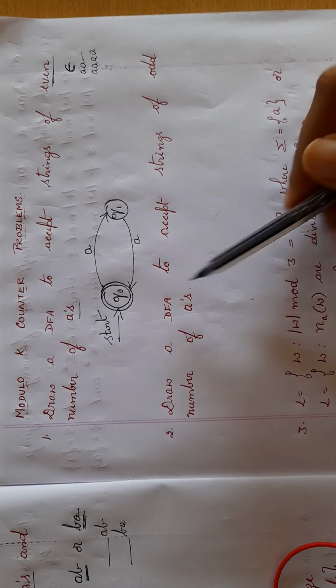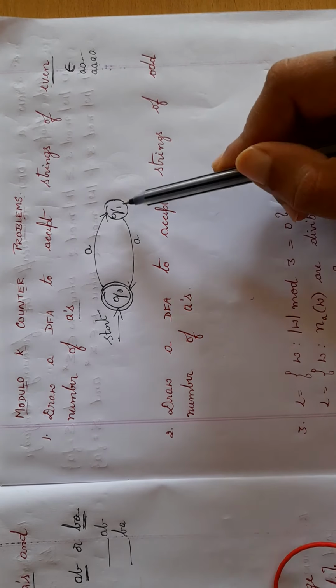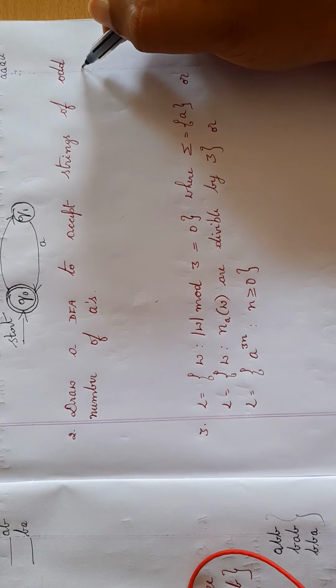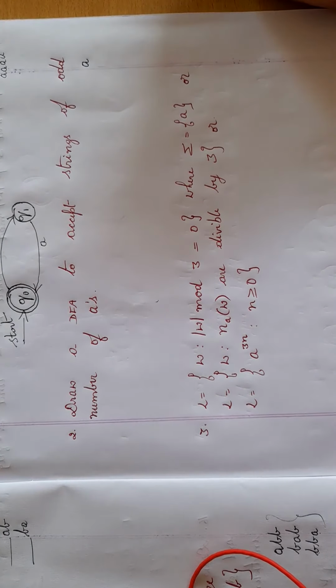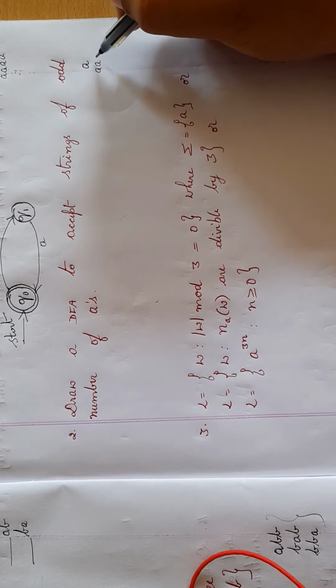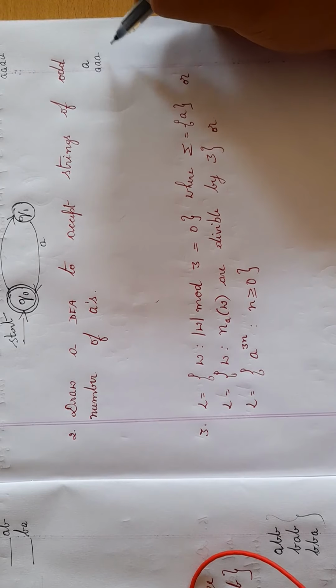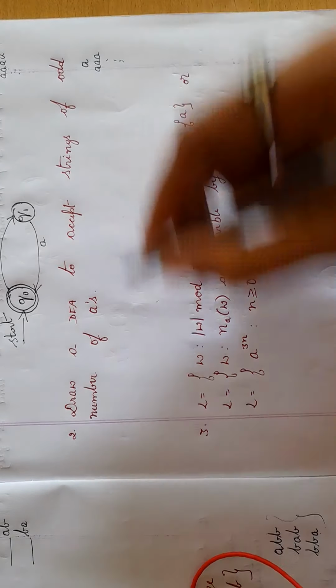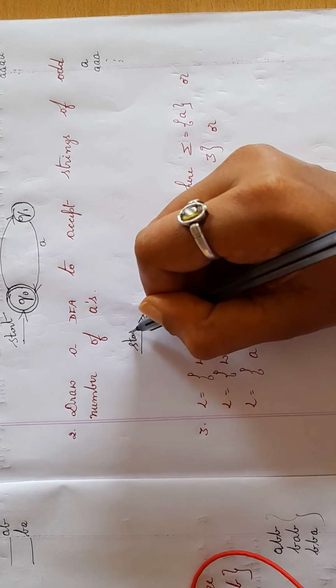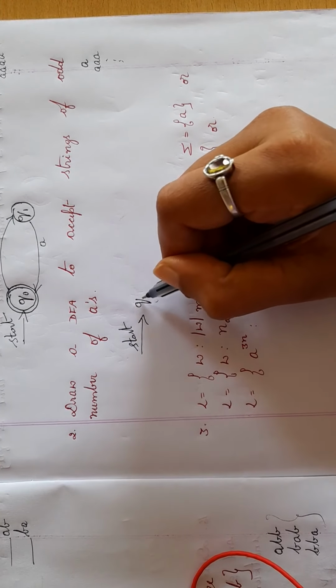So what is the difference? Instead of this being the final state, this will become the final state. Here the initial condition is single A. Then I can have odd numbers: 3 A's, 5 A's, 7 A's, and so on. So I'll take start, and a state Q naught.